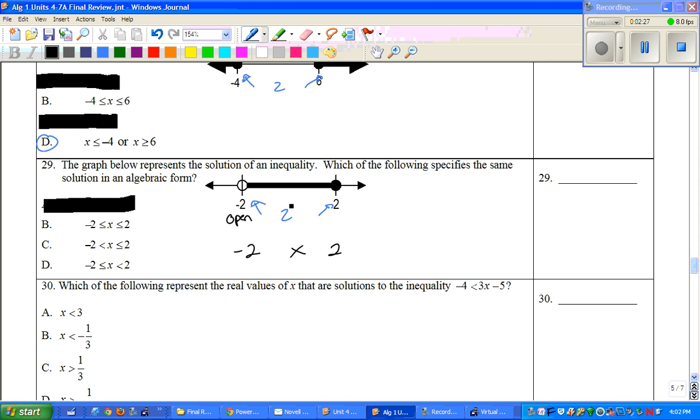Right away, I know one is open and one is closed. Okay, so one of these has to have a line underneath it, and the other one does not. Okay, so which one is it going to be? Both of these point to the left, and when we figure that out, we get ding, ding, ding, C.